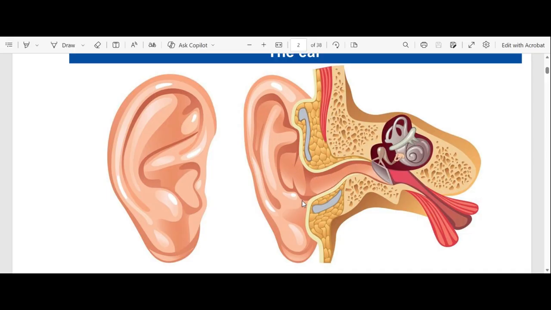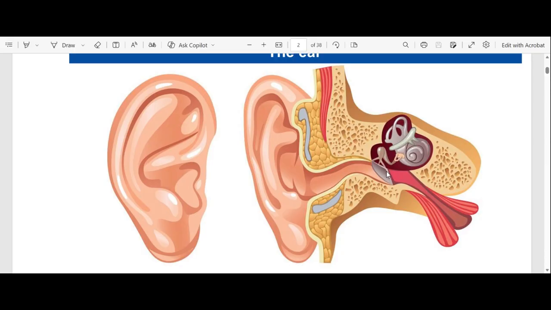Our pinna combined with our auditory canal and our tympanic membrane form the outer ear, even though our tympanic membrane is part of the middle ear. So it divides the outer ear, which is formed by the pinna and the auditory canal, and the middle ear.